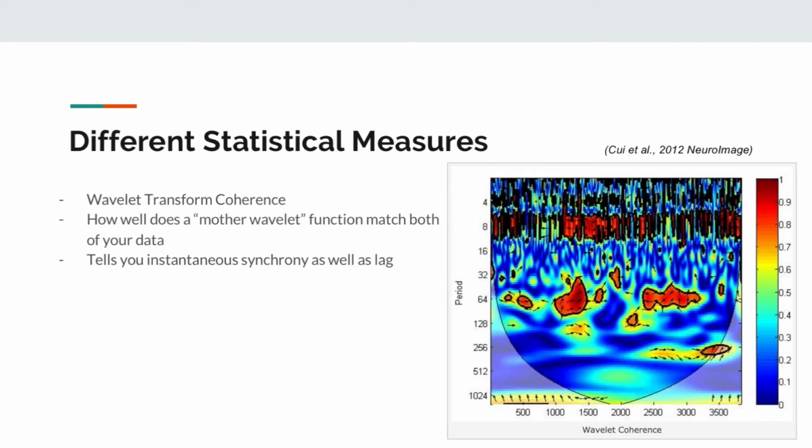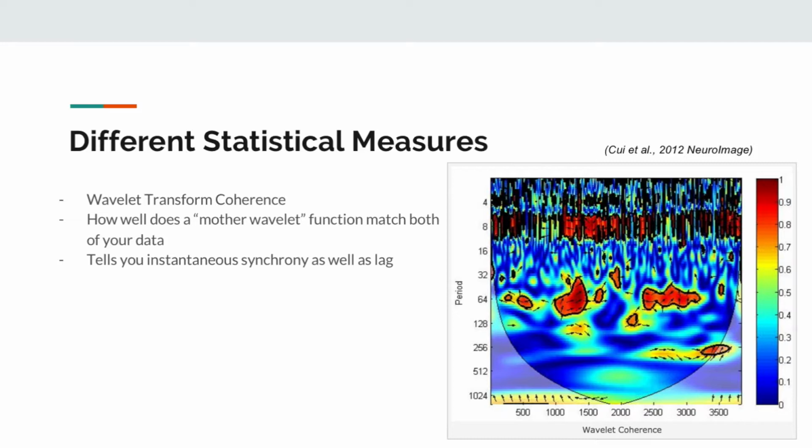And this will give you an across-time, moment-to-moment estimation of synchronization. It'll give you estimations of synchronization across different frequencies in your data, so in the long fluctuation time course or in the shorter fluctuations that are going on. And it'll also tell you the amount of lag happening.